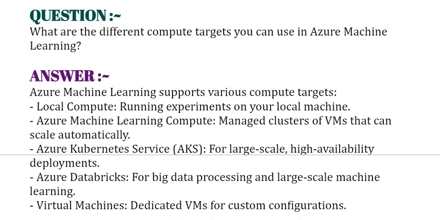Azure Machine Learning compute, managed clusters of VMs that can scale automatically. Azure Kubernetes Service, AKS, for large-scale, high availability deployments. Azure Databricks, for big data processing and large-scale machine learning. Virtual machines, dedicated VMs for custom configurations.